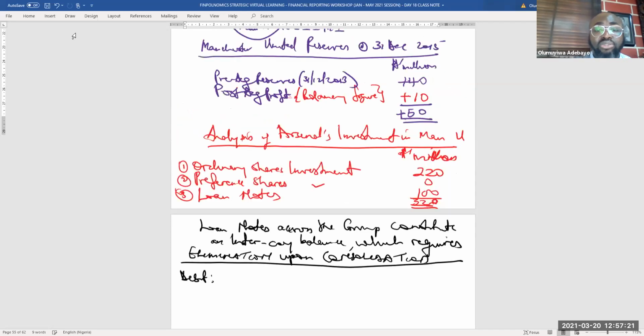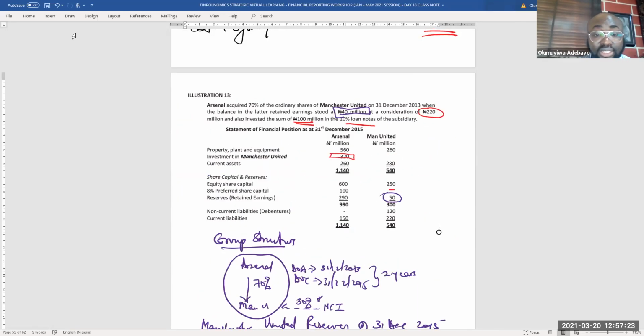If we come back to this question, the entire loan note by way of debenture of the subsidiary is 120. But the parent only has 100, which means of this 120, 100 is owed to the parent, 20 is owed to third parties.